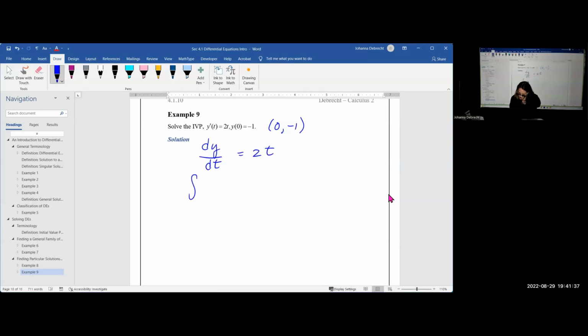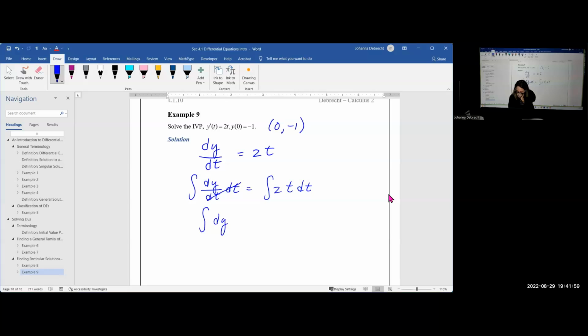And then I'm going to integrate the left side and the right side with respect to the independent variable, which is t. So I have 2t dt. This will cancel the differential. I know that doesn't really make sense mathematically, but it works. So we do it. And this is sort of the genius of Leibniz's notation.